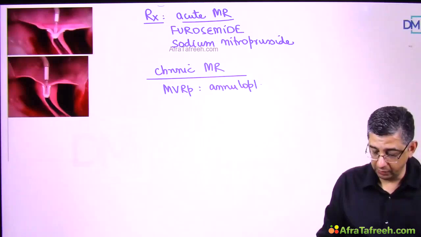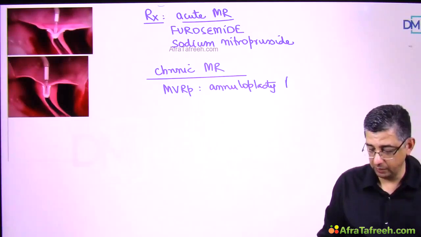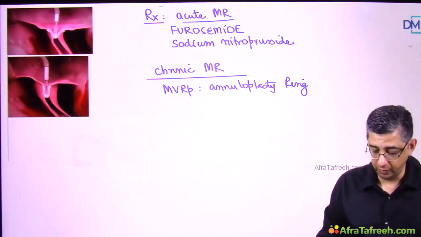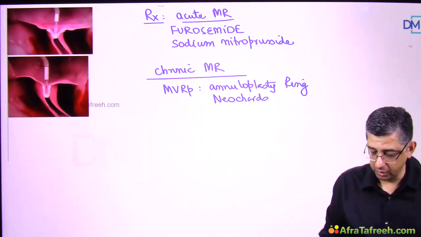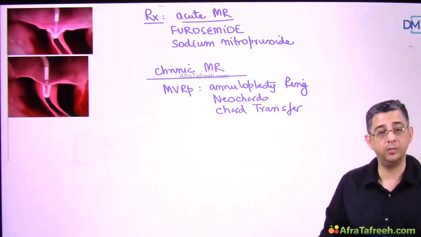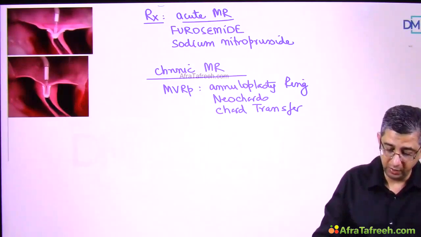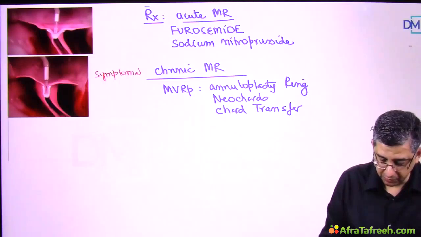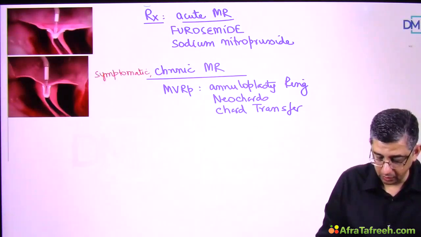Most of the time, the mitral valve repair procedure that is done is deployment of an annuloplasty ring, or sometimes we might have to develop new chordae tendineae, or even do chordal transfer, so as to ease off the pressure on the undersurface of the valve leaflet and ensure better compliance. Whenever the question says symptomatic patient of chronic mitral regurgitation, which is of the severe variety, then obviously this is the best answer.